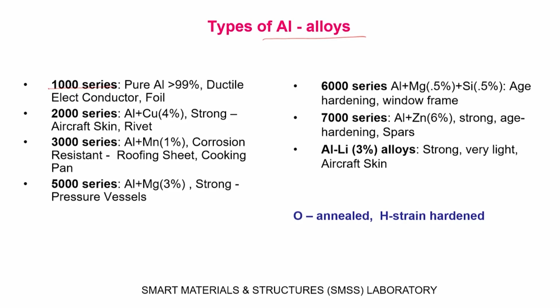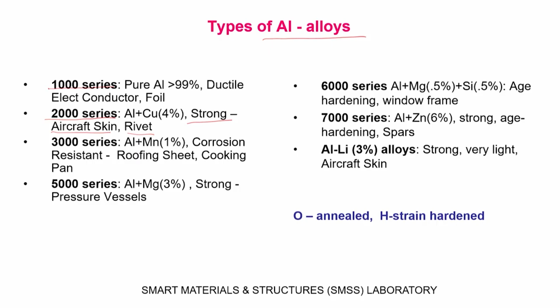They are ductile and are generally used as electricity conductors or as foils, the foil that we utilize as aluminum foil. On the other hand, the 2000 series aluminum, which has a percentage of copper mixed with it, is strong, much stronger than pure aluminum, and it is used in aircraft skin, rivets, etc.